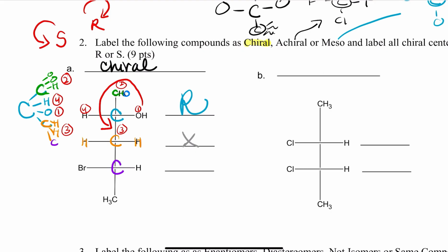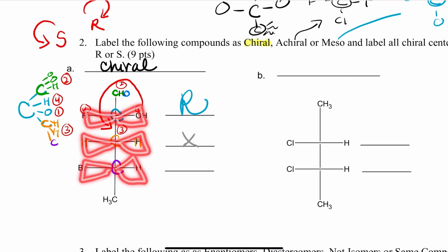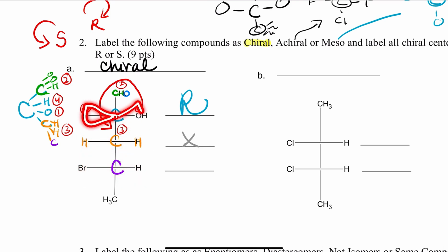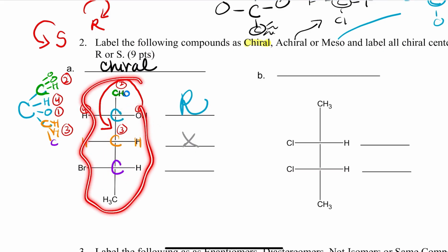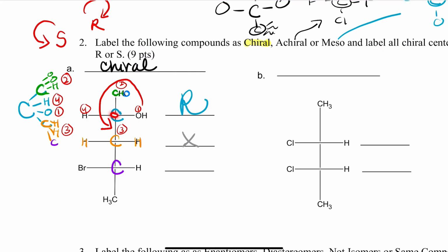The reason actually for this, I had to look up, is because Fisher projections are made specifically so that the things coming off of the sides are all wedges, which means they're all coming towards us. The way that they distorted the molecule shows that all these things you put out to the sides are actually wedges coming towards us.